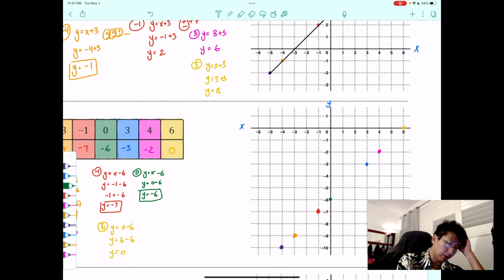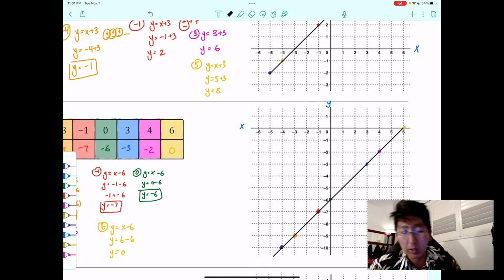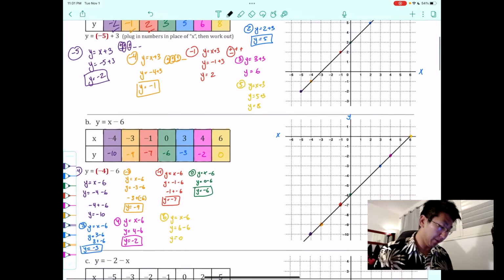And if I connect these dots, I should create a straight line. This is literally what you do in 8th grade.